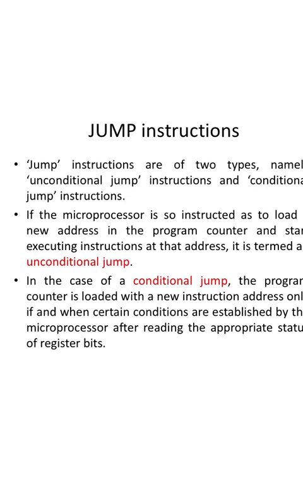In the case of a conditional jump, the program counter is loaded with the new instruction address only if and when certain conditions are established by the microprocessor after reading the appropriate status register bit.